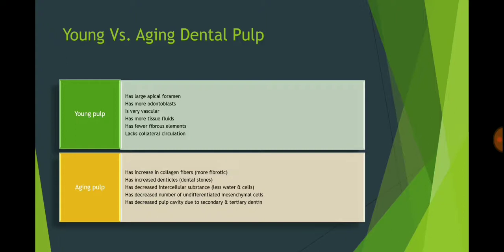So a very simple slide, but very high-yield material in the comparison of young versus aging pulp, and this is very key in terms of cavity preparation and also in endodontic treatments.